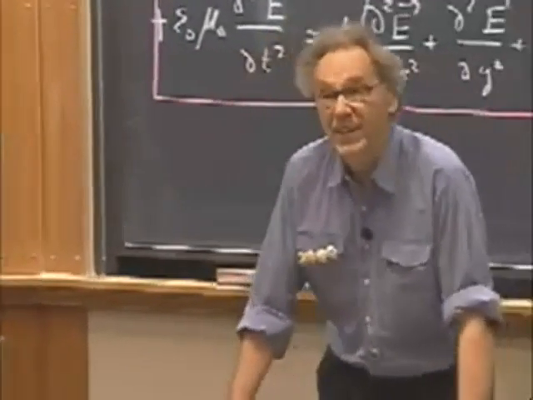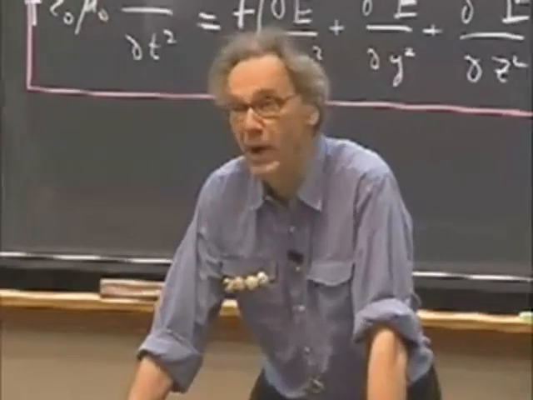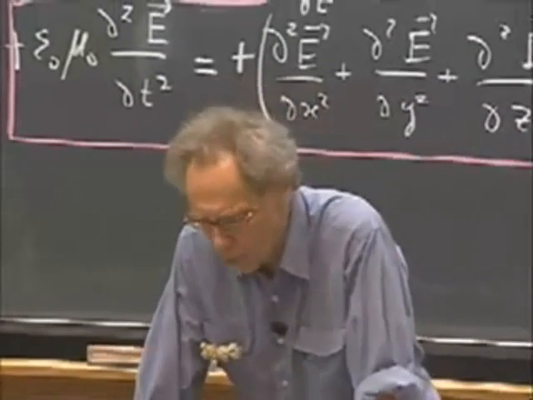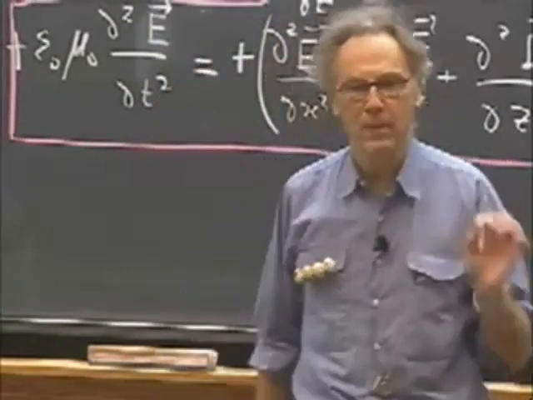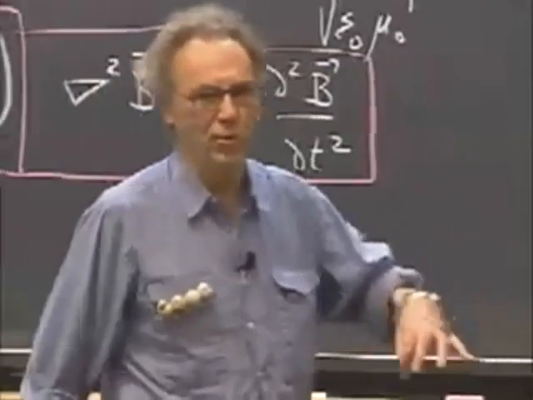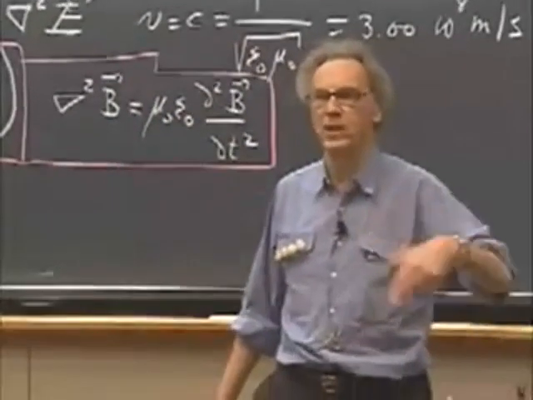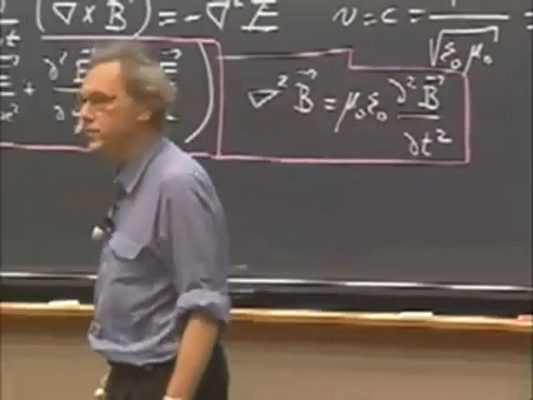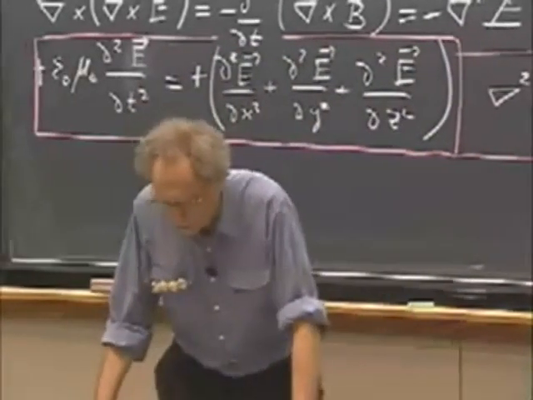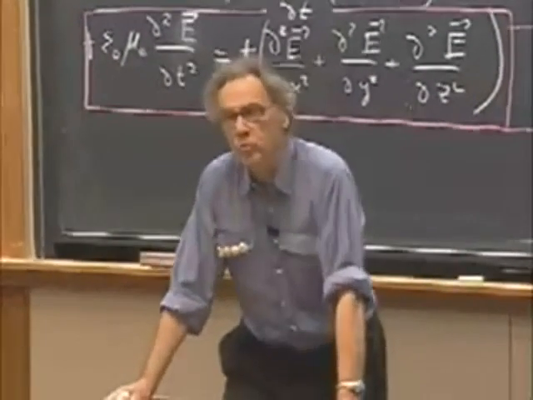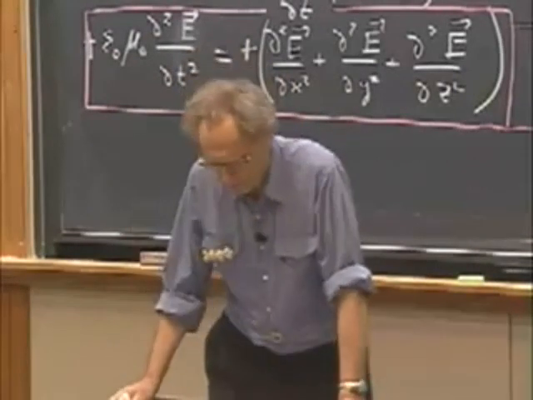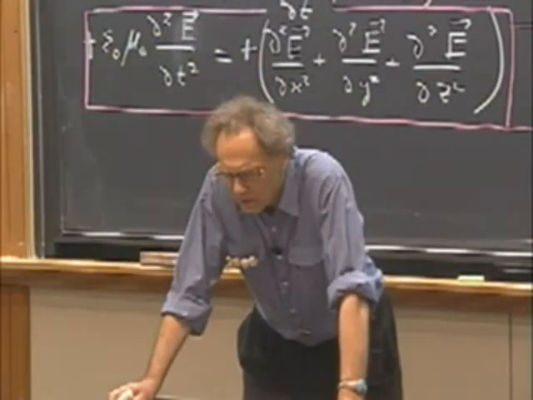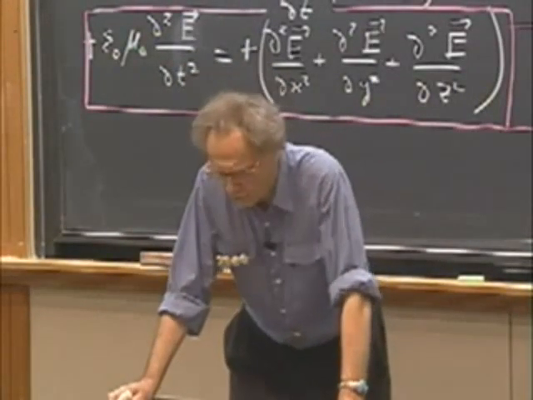And then in the 19th century, in fact in 1849, both Foucault and Fizeau measured the speed of light in their laboratory in France. One used a rotating mirror, the other used a rotating disk, and so they were even able to do it in the laboratory, and they found values which were within 5% of 300,000 kilometers per second.